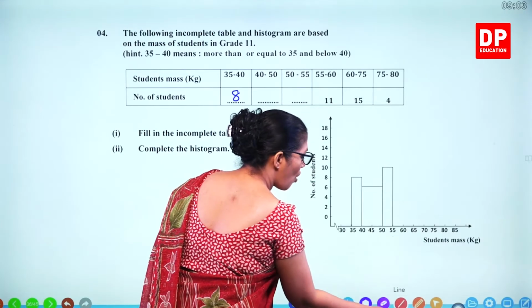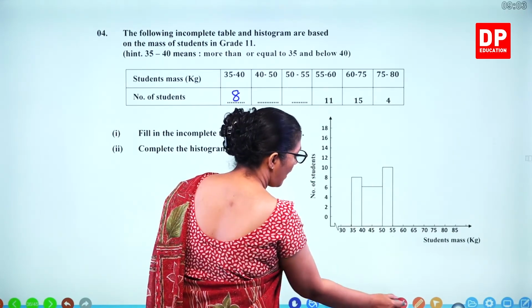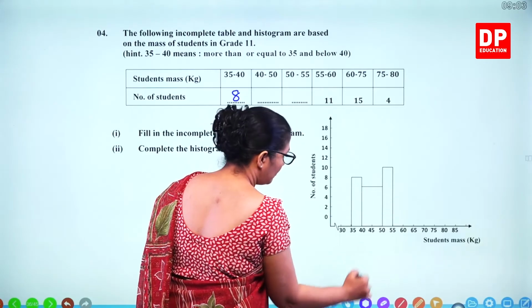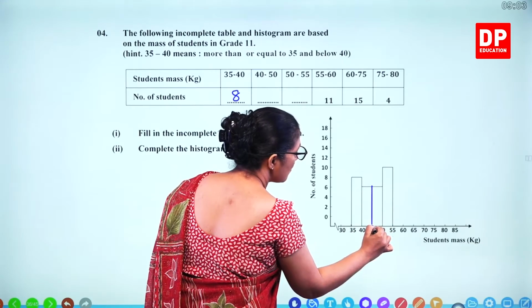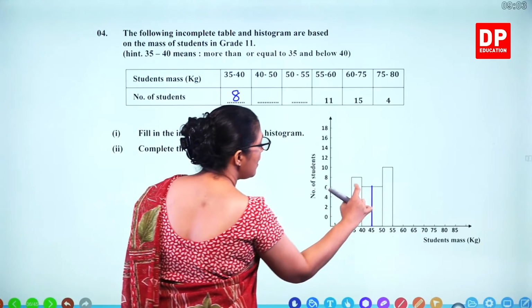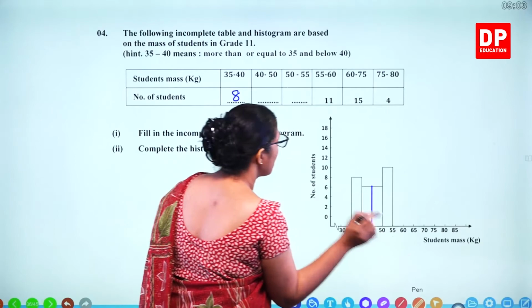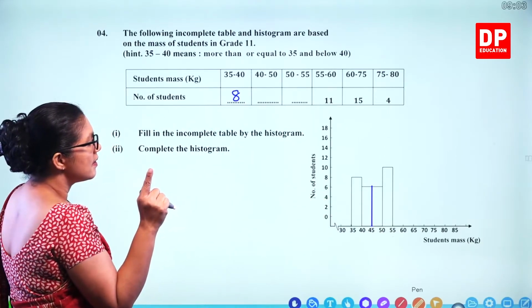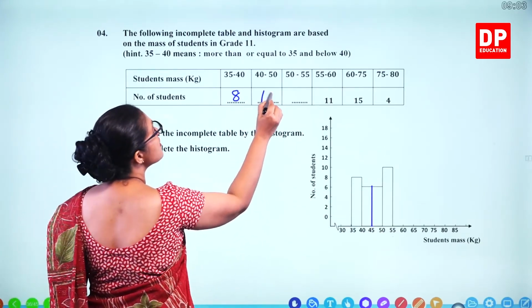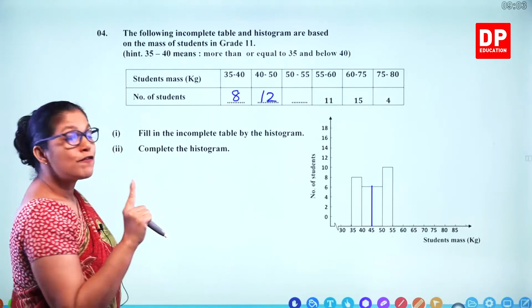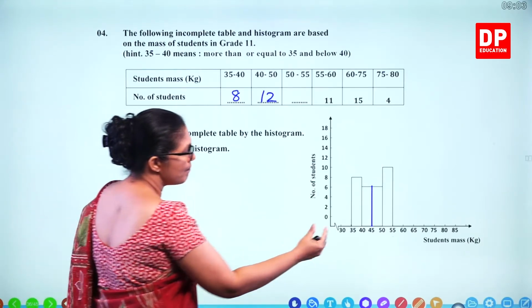Now we can draw a line there. So this is for 45. So here this is 6 and this is 6. All together 6 and 6, 12. So this is 12.